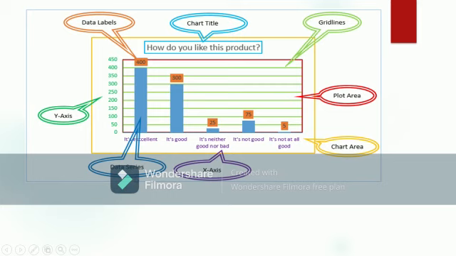Next I want to explain the legend. What is a legend? Do you know the legend? Yes, it identifies data series. A unique color or pattern is assigned to each data series to make it easier to distinguish them visually.